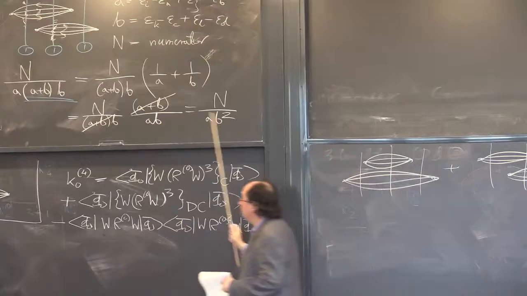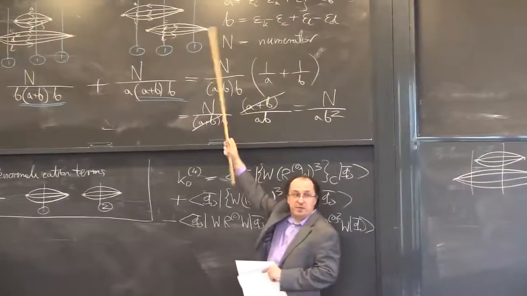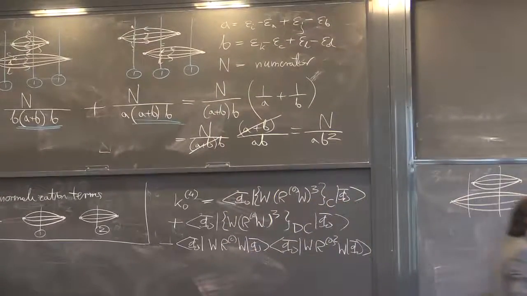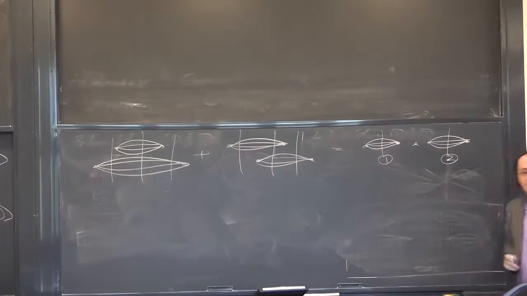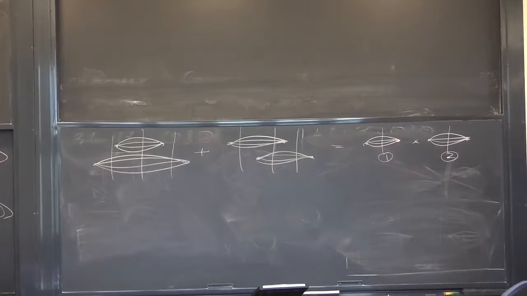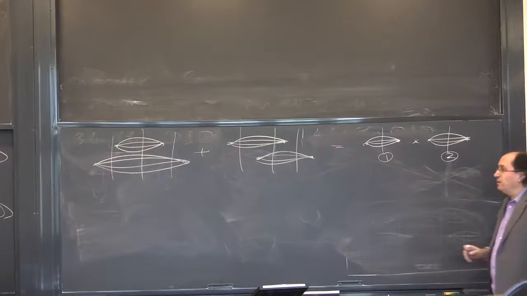B squared is squaring the denominator of the bottom piece, which means the square of the resolvent between the two vertices. If you look carefully at this, this is the negative of the renormalization term.